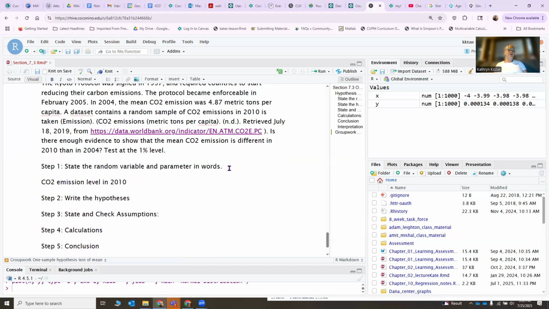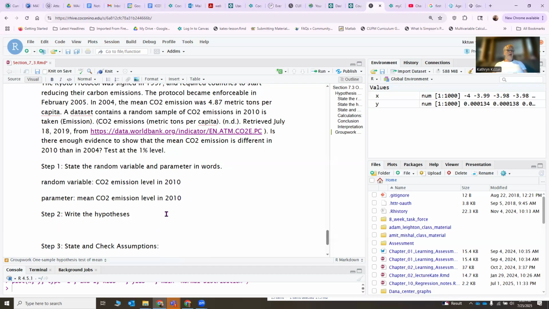We were measuring it in 2010. That's your random variable. Your parameter in this case, because you have a numerical value, would be your mean CO2 emission level, again in 2010.